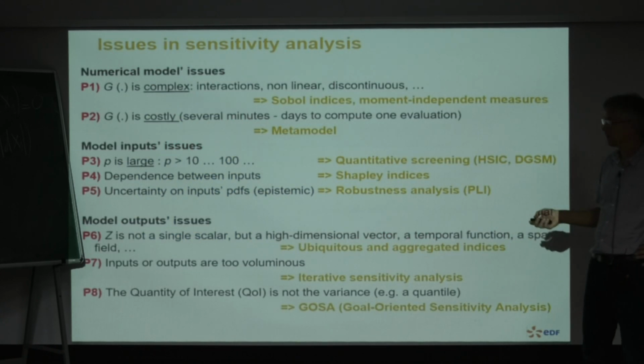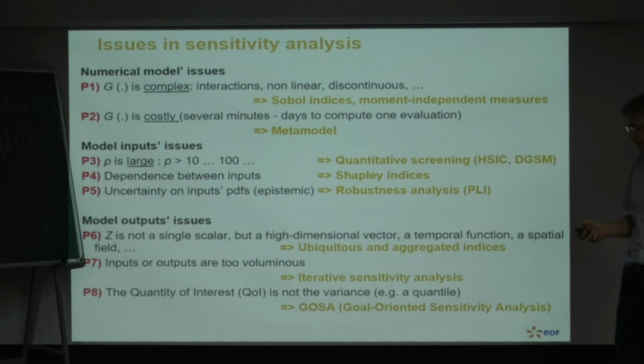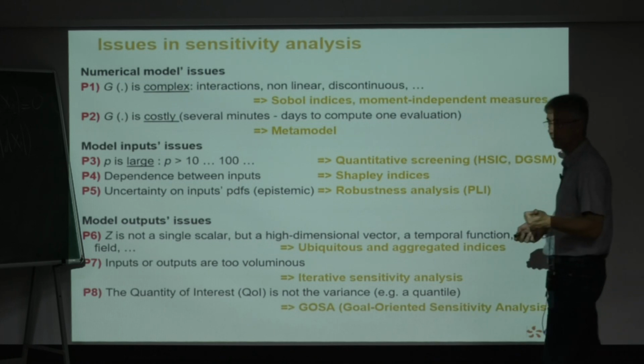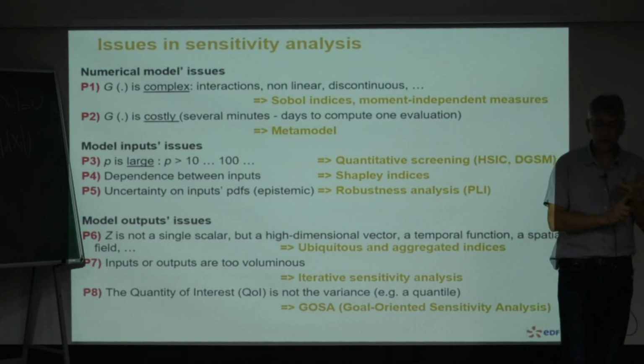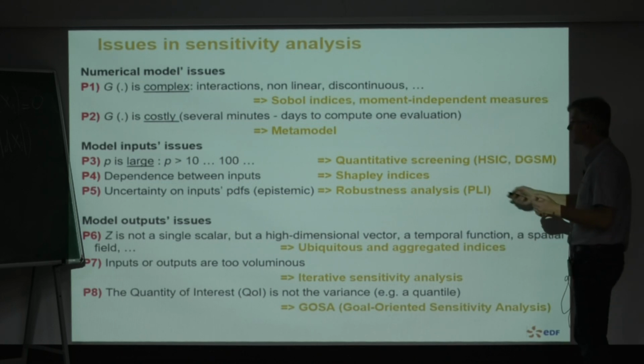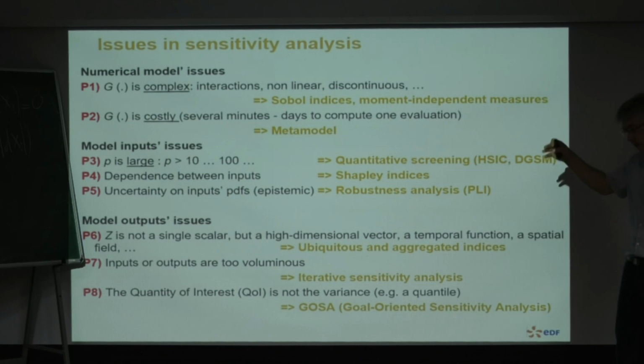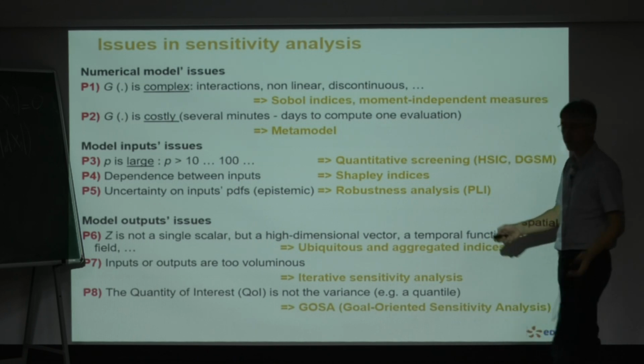So when P is large, for example, in my company, I have some examples with 150 inputs, so I cannot compute several indices, of course. But even fitting a meta model is very complex in such dimension. So what we do, first we do the screening step that I have explained just with the Morris method. We perform a screening and we reduce the dimensions to rather small dimensions, 10, 15.